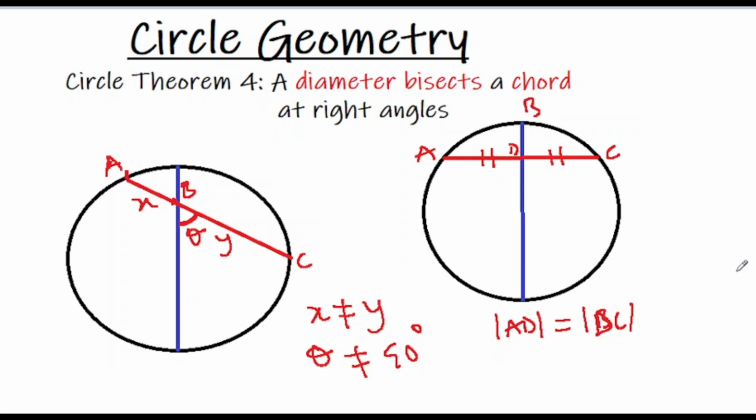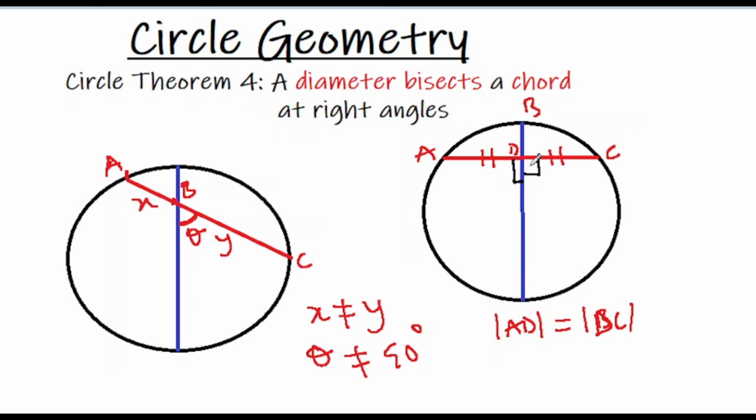Since line AD is equal to line DC, it means that the diameter bisects the chord. So therefore, that makes this angle 90 degrees, and this one also 90 degrees.